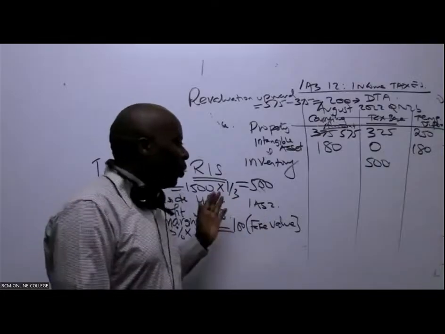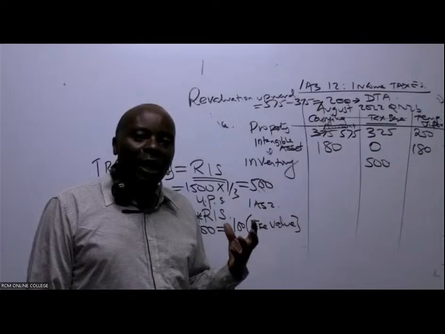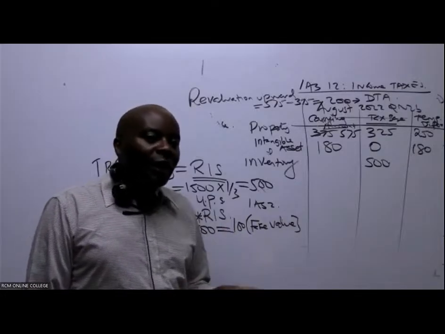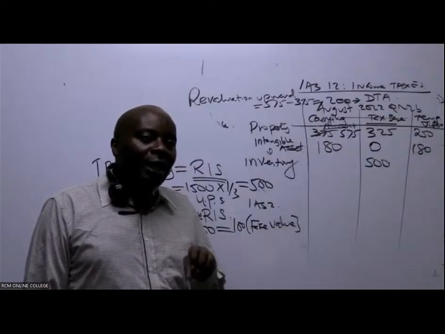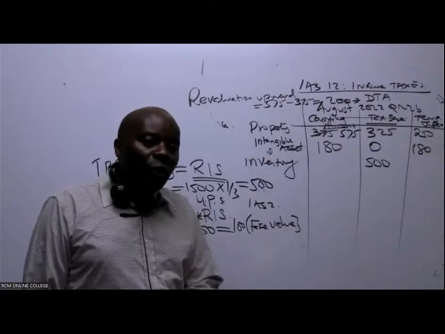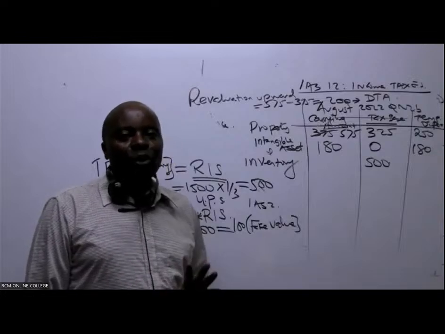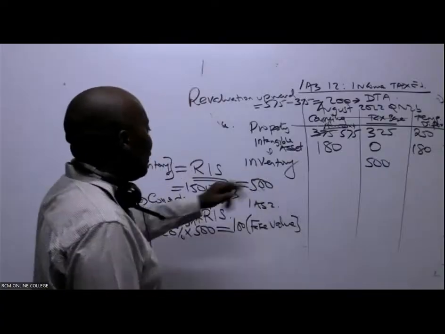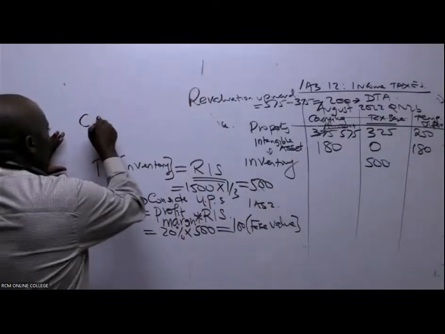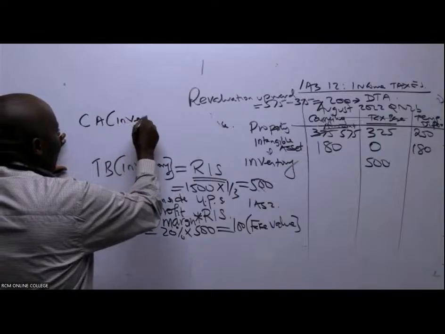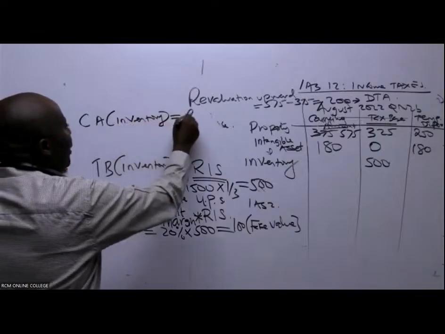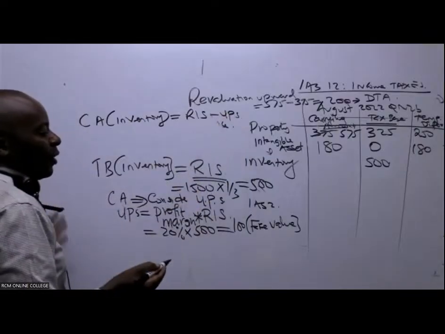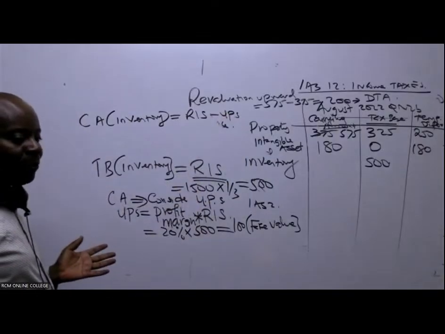One of the companies in the group sold to the other, so the company that bought has goods in stock, and those goods have some profit inside. So we need to deduct. Whenever it comes to the carrying amount for the inventory, you take the amount given minus the UPS, because UPS is fake value in stocks.